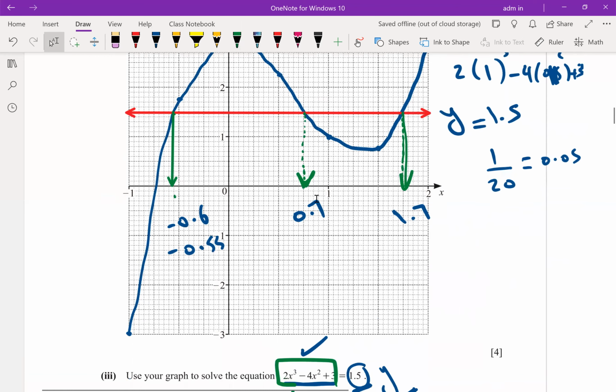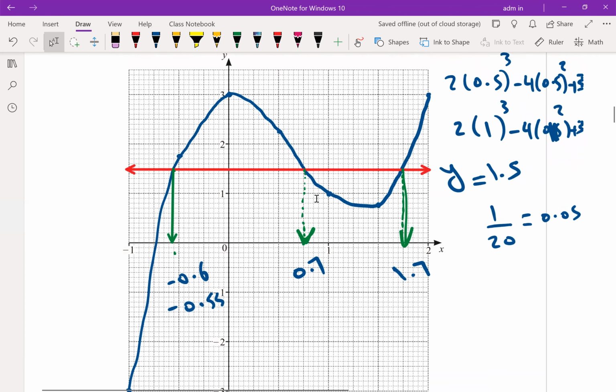Can you give me a value of k to give one solution? One intersection. If we draw a horizontal line, I need it to cut the curve at one point. At -3, -2, -1, 0, what if I ask for a value that gives 3 solutions? 1, 2. At 3 there are 2 solutions.